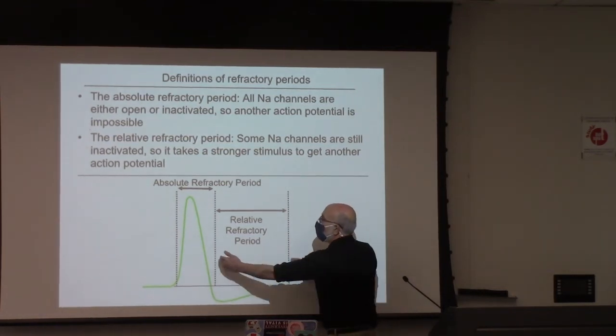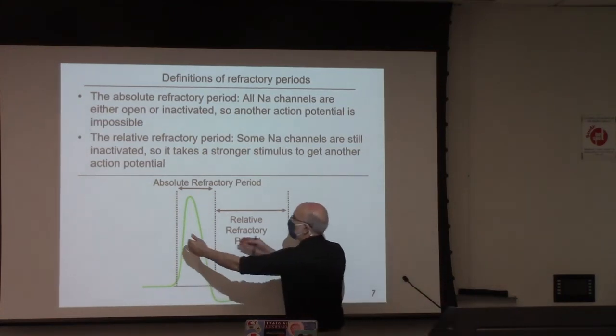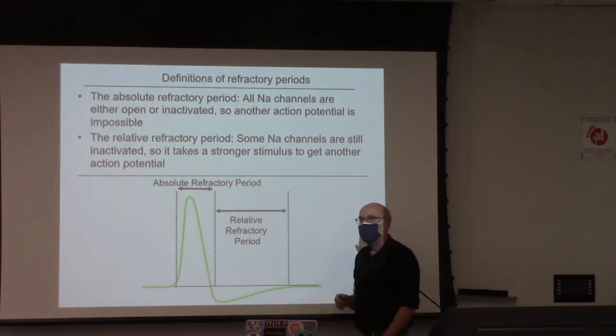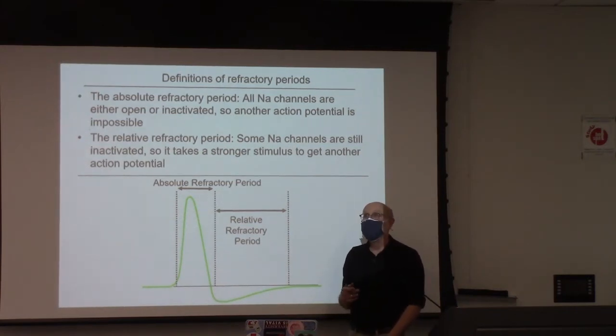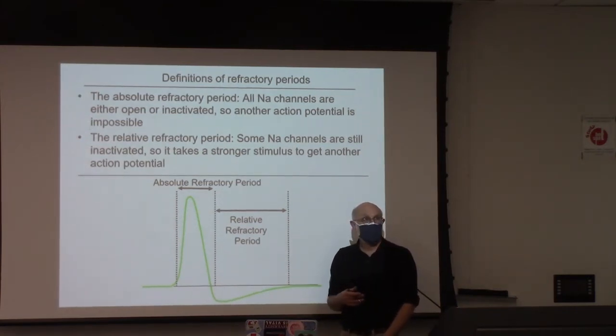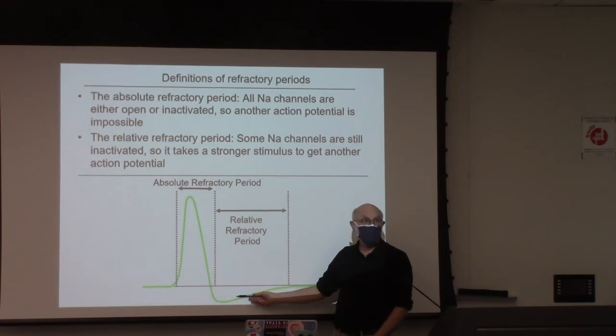During the relative refractory period, which follows the absolute refractory period, the cell can fire an action potential if you give it a bigger stimulus. Why? Because some of the voltage-gated sodium channels have recovered from inactivation.